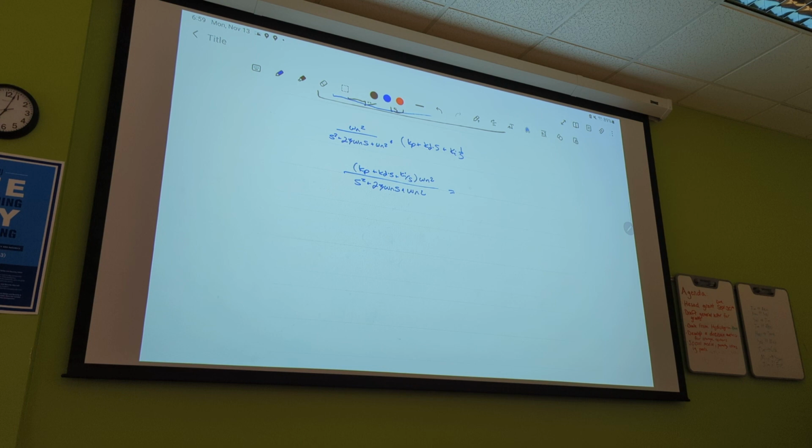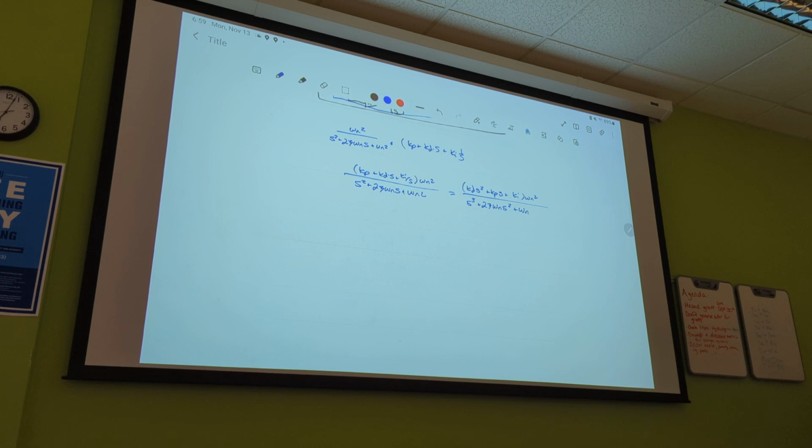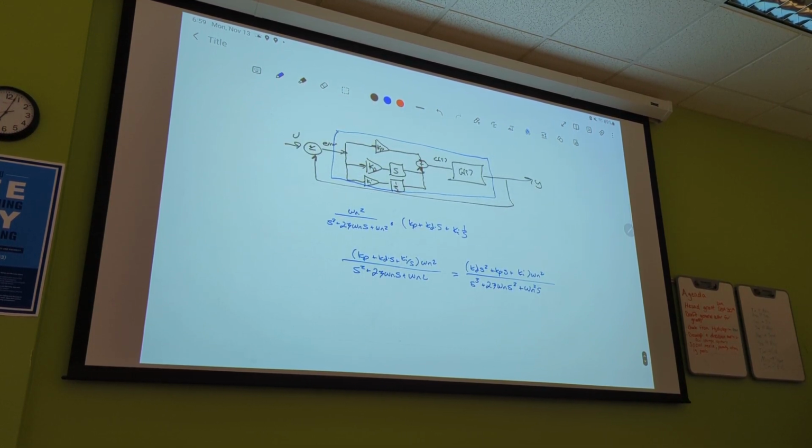So this would be equal to (kd s squared plus kp s plus ki) all times omega n squared, and then now we go up a power in the denominator, s cubed plus 2 zeta omega n s squared plus omega n squared s. So that's the combined feed forward transfer function.